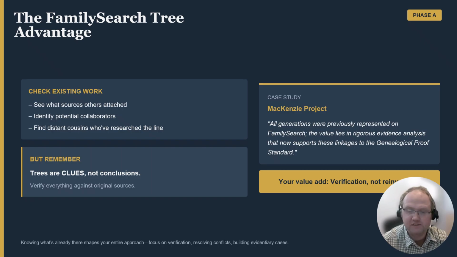They are hypotheses waiting verification. Knowing what existed shaped my approach. Instead of discovering connections so much, I focused on verification, resolving conflicts I found in the evidence presented in the attached sources, and building evidentiary cases that transformed speculation into defensible conclusions.